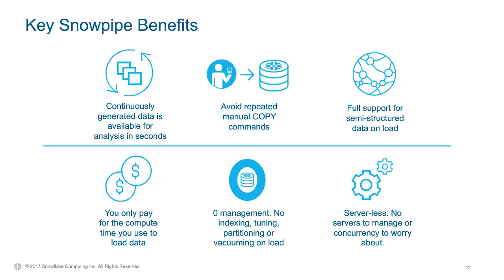And then we're going to talk a little bit about pricing here and how it works. And I already see some questions coming in on exactly how this works. But the upshot, and the benefit, is that you only have to pay for the compute time that you're using to load data, and that's the compute time in the Snowpipe service.